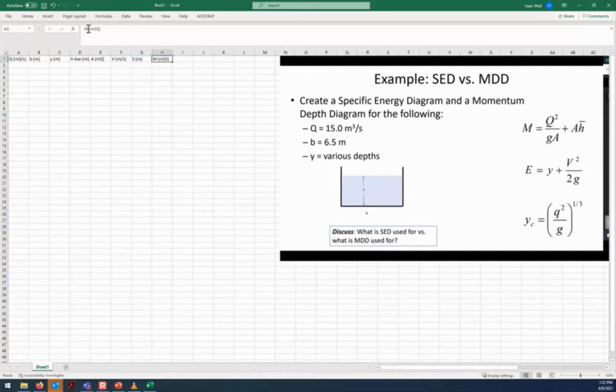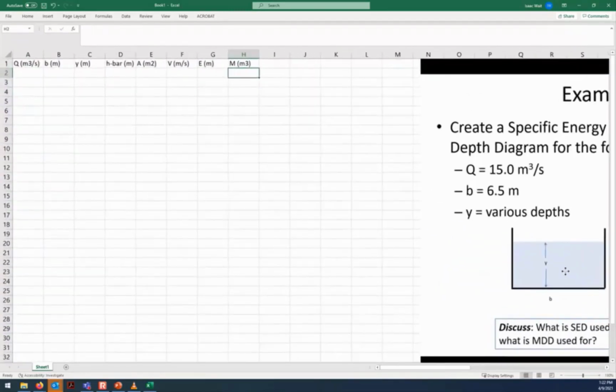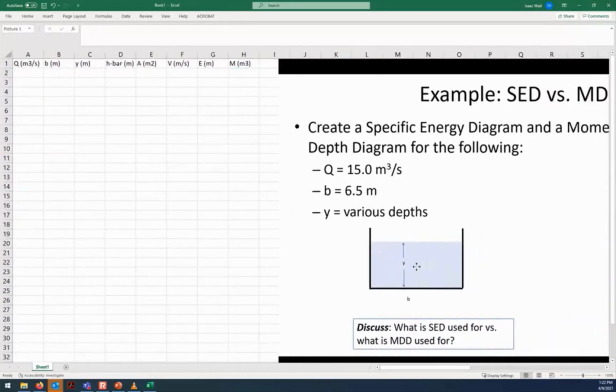Not to the 33, meters cubed. All right, let me zoom in a bit so that it's not so tiny.